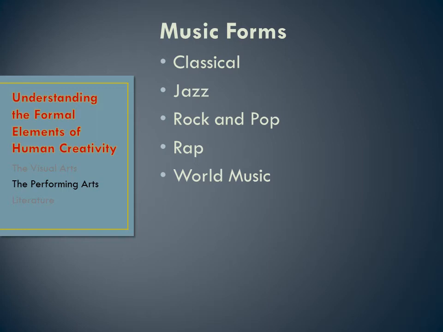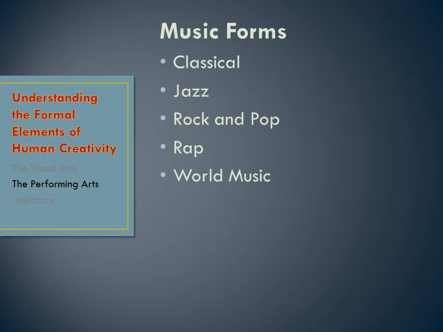It is largely focused on the human voice and the use of rhythms and rhymes and repetition. It's often made up on the spot, but it's a very different and distinctly American form of music developed in the urban areas among especially African American communities, but now has spread around.